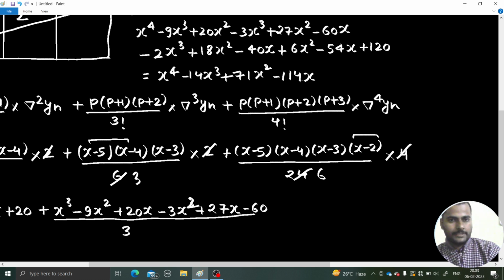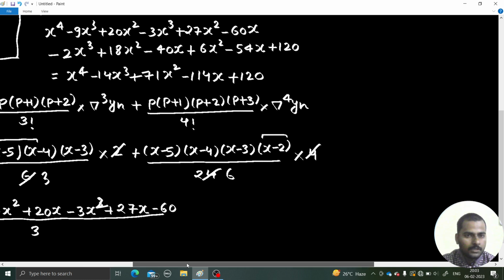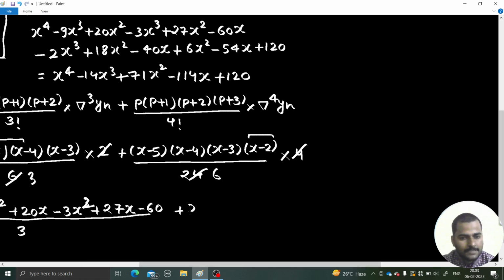And the constant term is 120. So this is x power 4 minus 14x cube plus 71x square minus 114x plus 120 divided by 6.